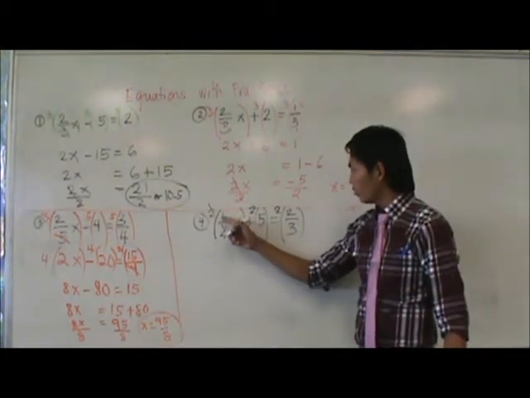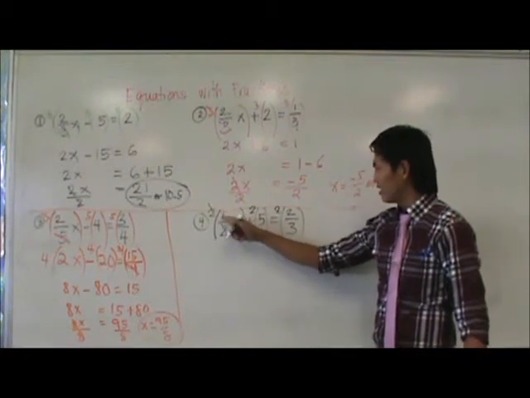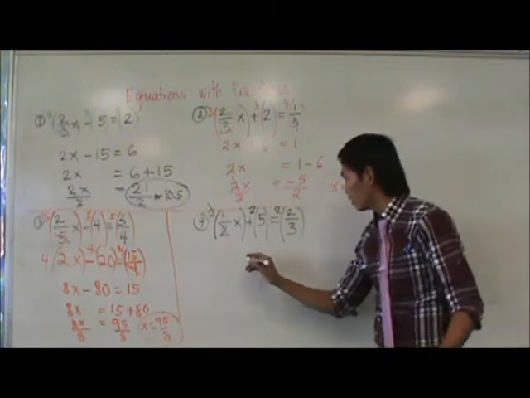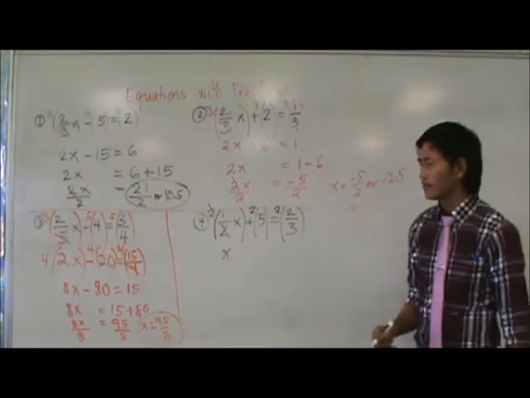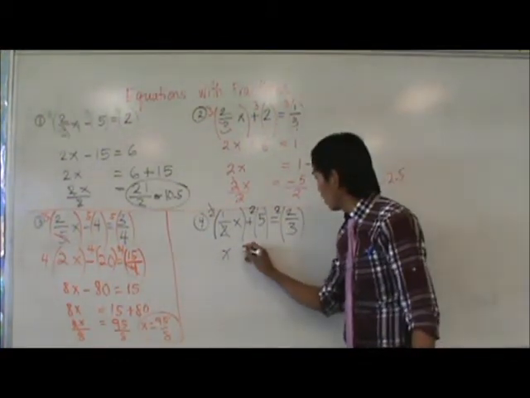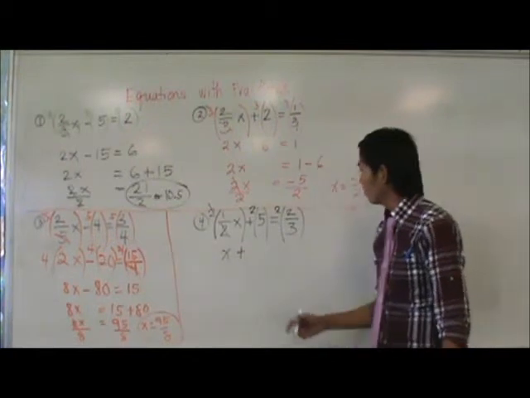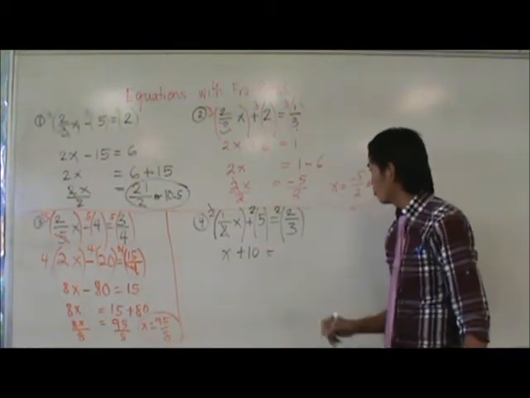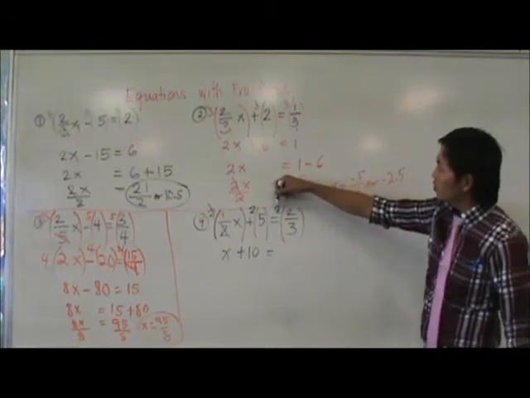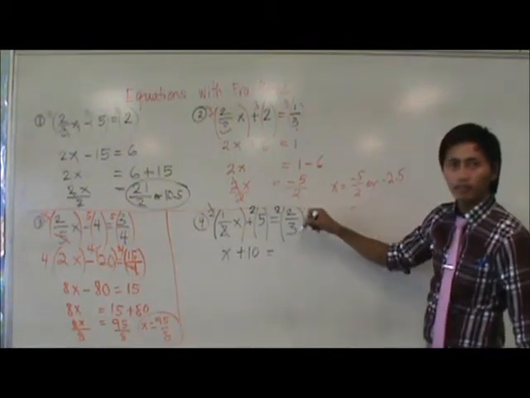Right now, see that 1, the numerator 1? We can say it's 1x, but in algebra, it is proper to say just simply x instead of saying 1x. Okay, here we go. 2 times 5 should give you 10 equals, now here's the problem. 2 and 3, we cannot cancel them out.